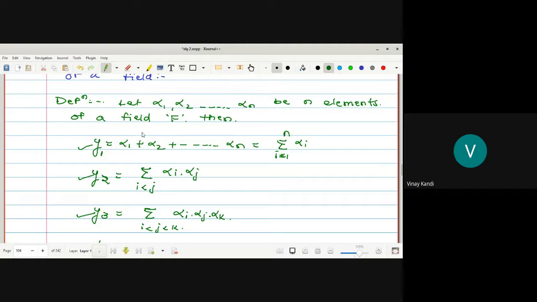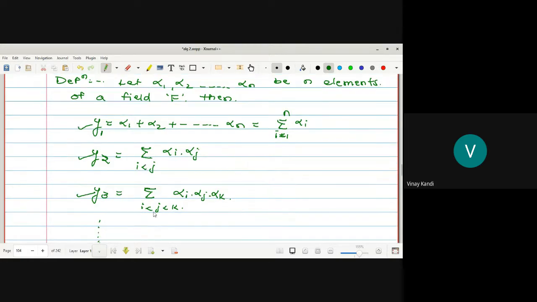So what is the elementary symmetric function? y1 is equal to the summation of alpha i running from 1 to n. y2 is equal to the summation over i less than j of alpha i into alpha j. y3 is equal to the summation over i less than j less than k of alpha i into alpha j into alpha k.